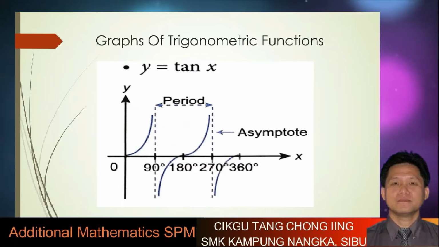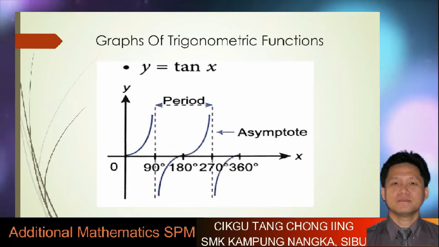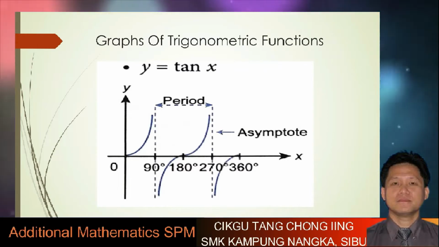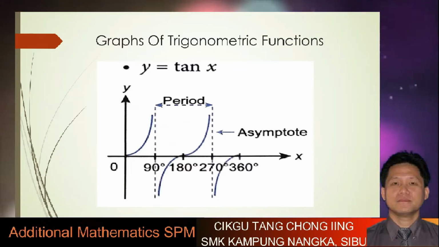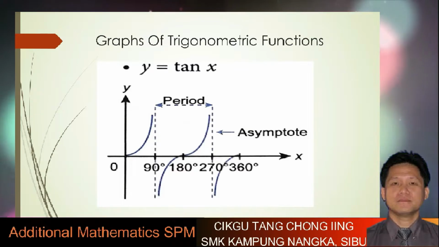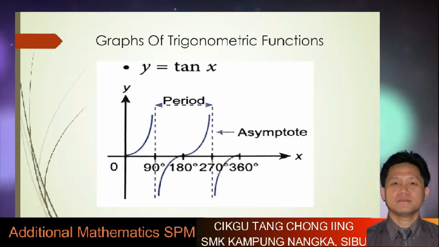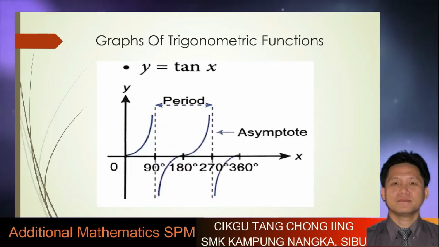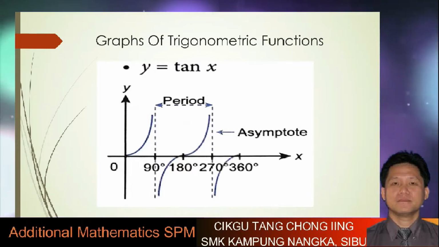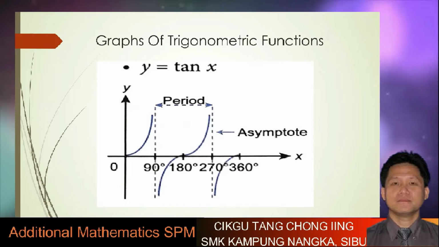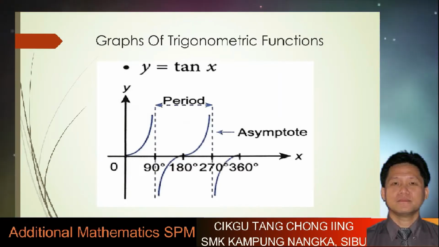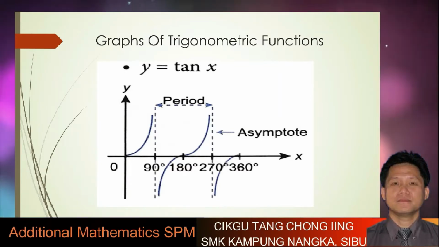You can try using your calculator. You substitute x equals 90 and you press tangent 90 and you will not have any values. The same goes for 270 degrees. And therefore, the value of tangent x is undefined on the asymptote.